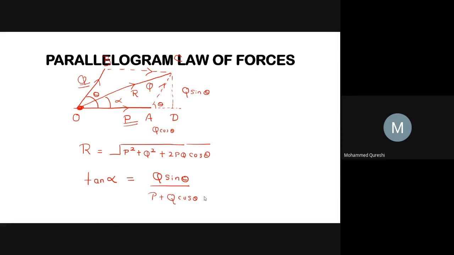You can find the value of alpha by using this equation. What is angle alpha? Angle alpha is the angle which lies between the resultant force and one of the forces.